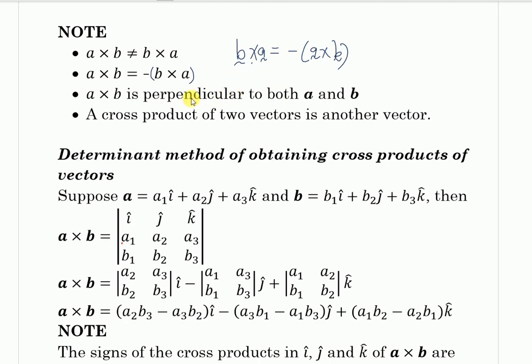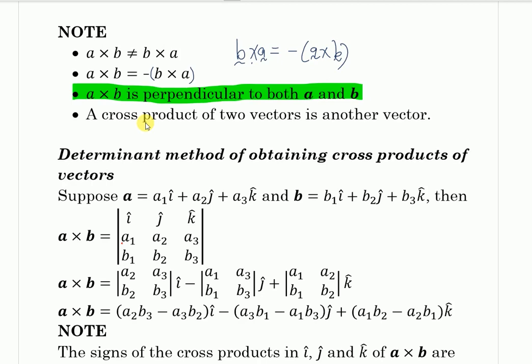The other important thing is to take note of this statement here, that a cross b is perpendicular to both a and b. They are at right angles. So if they want a vector which is normal to a and b, you just get a vector product, and that vector will be normal to both of them.